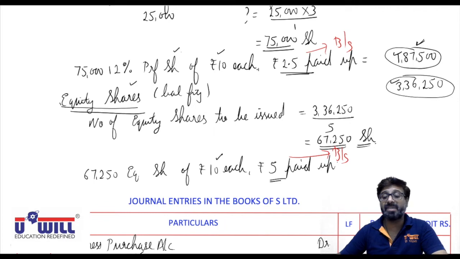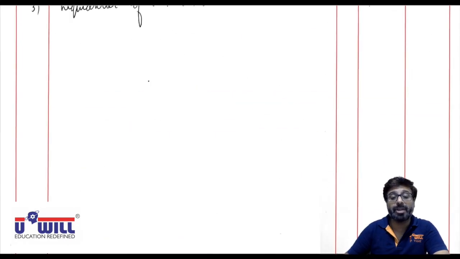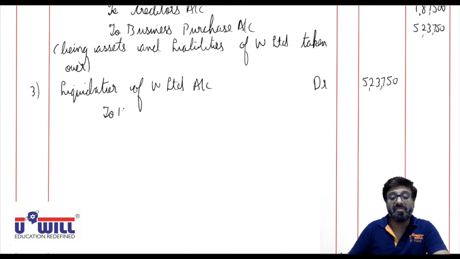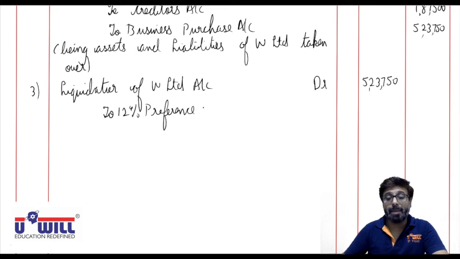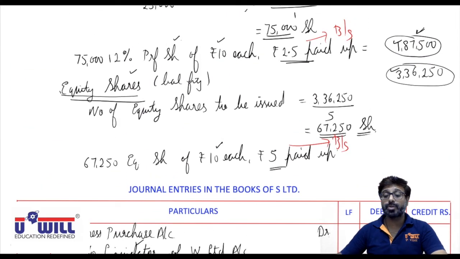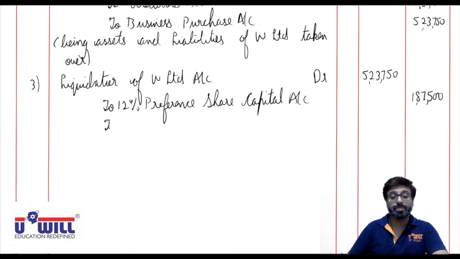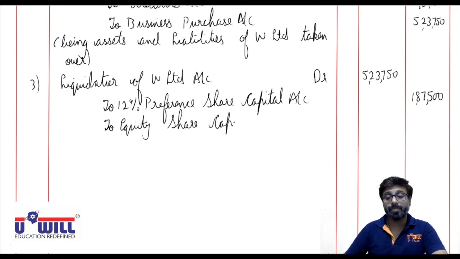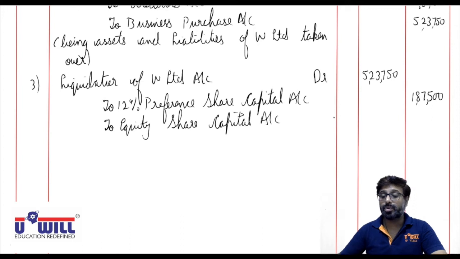So to 12% preference share capital account 187,500, to equity share capital account 336250.